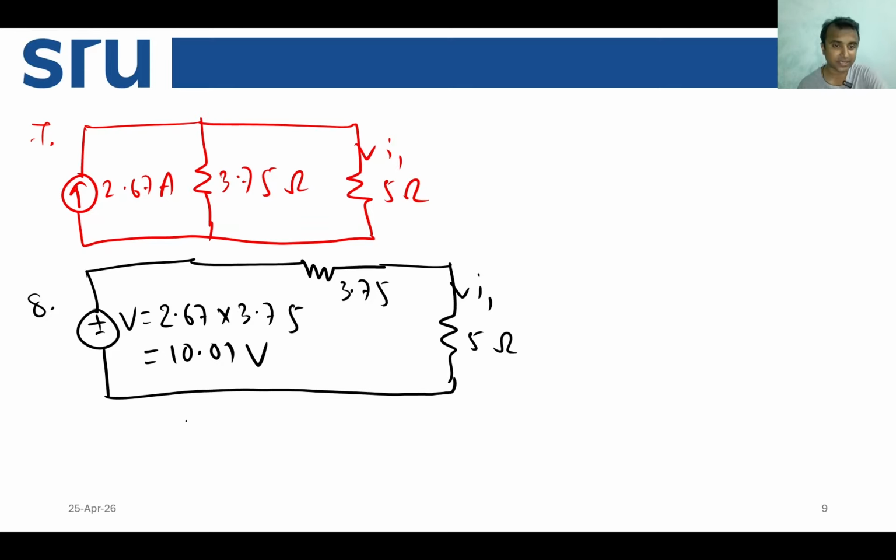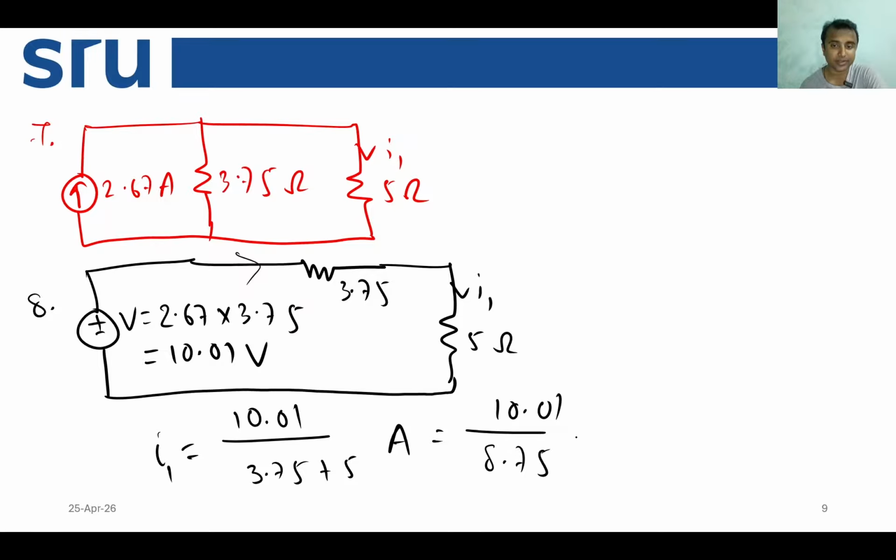Now you can simply say that I1 is nothing but the current flowing through this circuit. So I1 will be equal to 10.01 divided by 3.75 plus 5 ampere, which is 10.01 divided by 8.75 ampere.